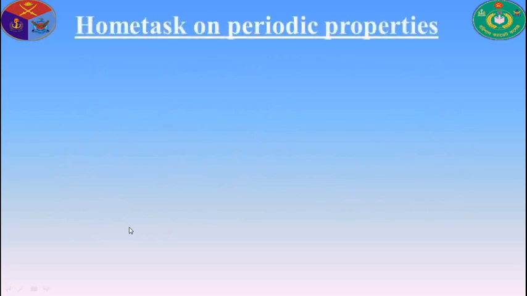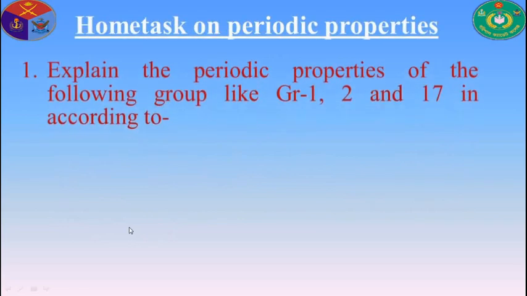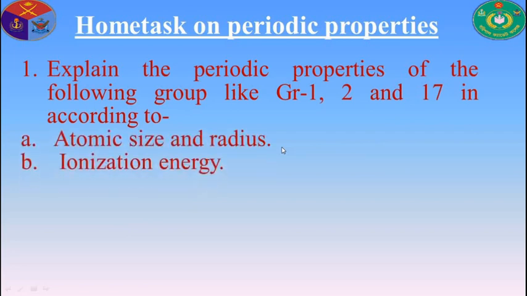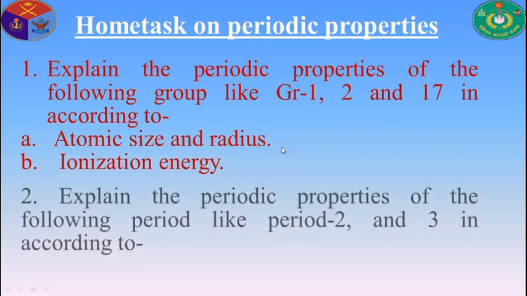Now the home task on periodic properties. First of all, you have to explain the periodic properties of the following groups, like groups 1, 2 and 17, according to atomic size and radius and ionization energy.